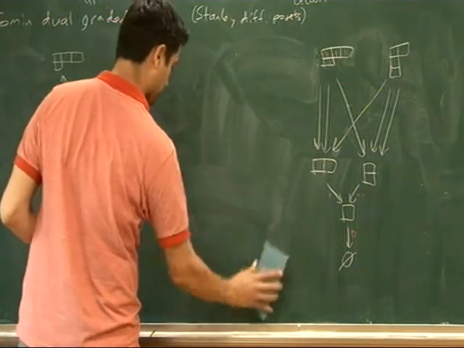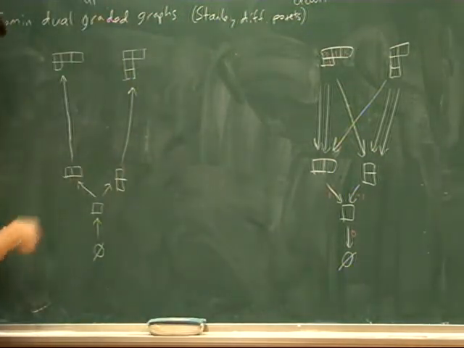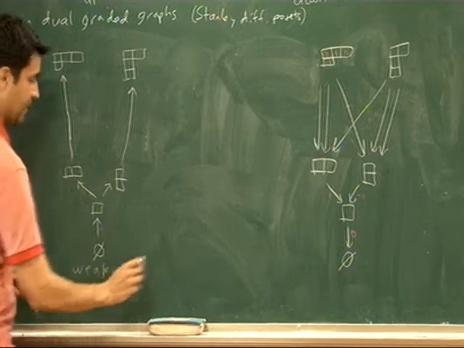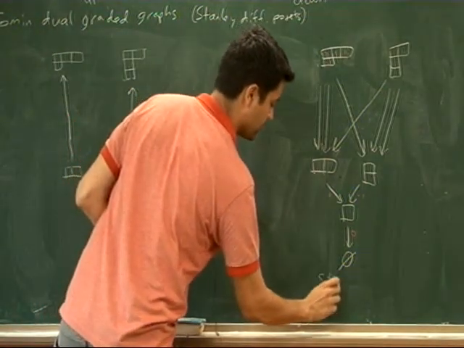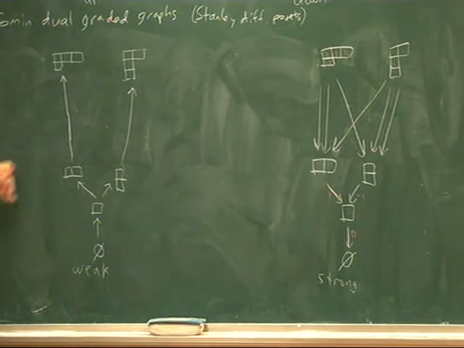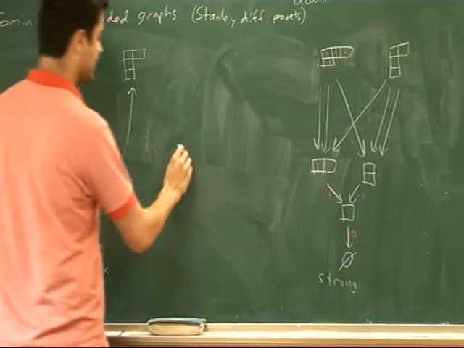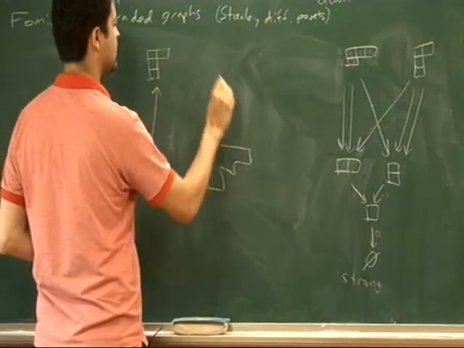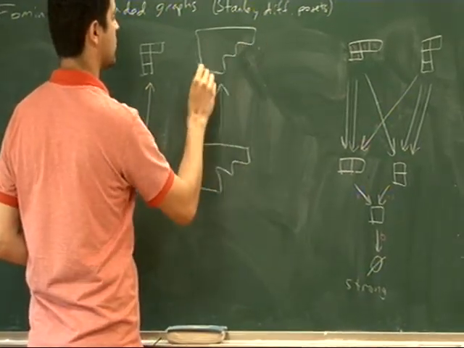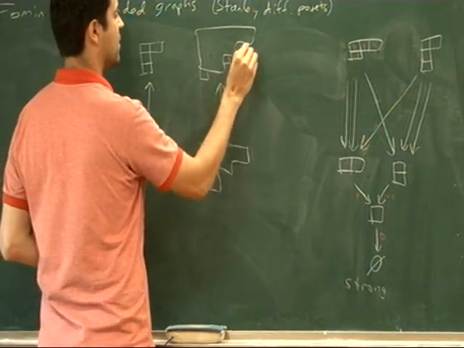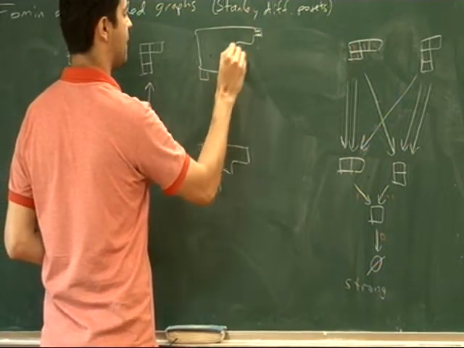This one we're going to call the weak order, and this one we're going to call the strong order. Okay? And the weak order means if you have a k-core, it's underneath another k-core if this one is obtained from this one by attaching some isolated cells.